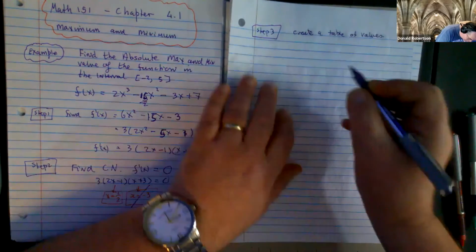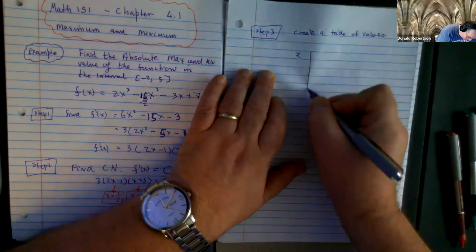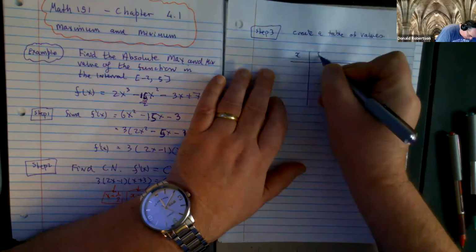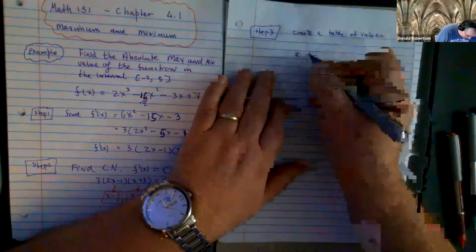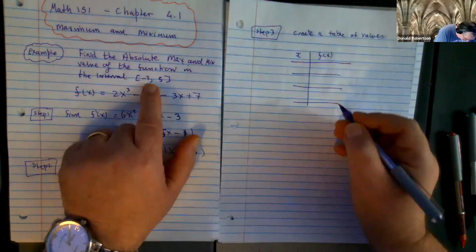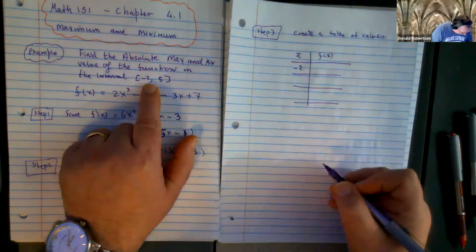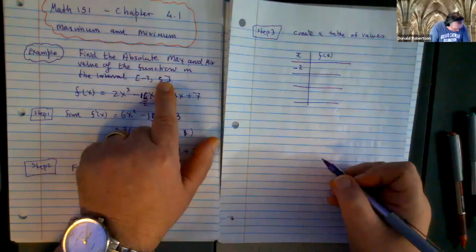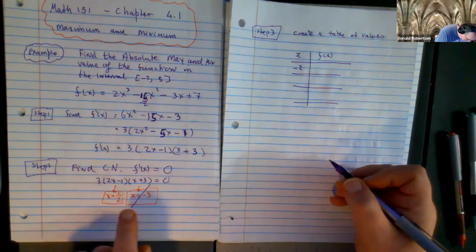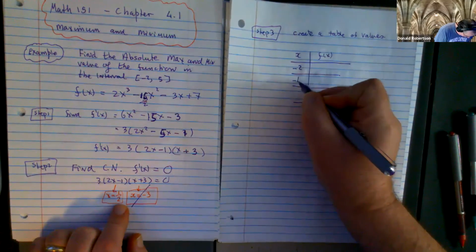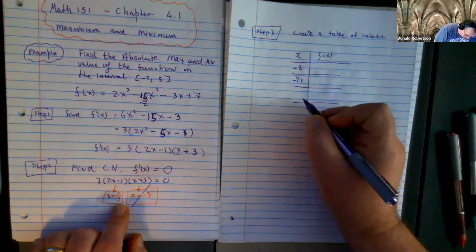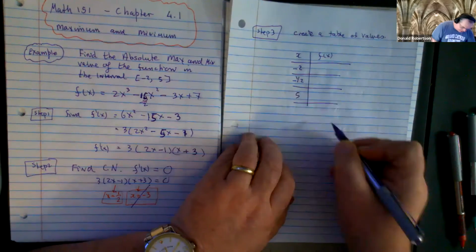You set up a table with the x value and then the value of the function next to it. And your table should always start at -2 and should always finish at 5. And then in the middle, put any critical numbers that you've got. Well, I have a -1/2 and I'm going to finish at 5. So in this case, my table just has 3 values.